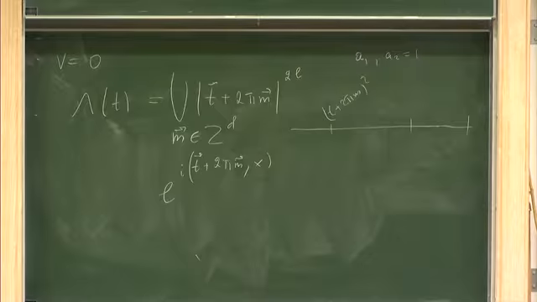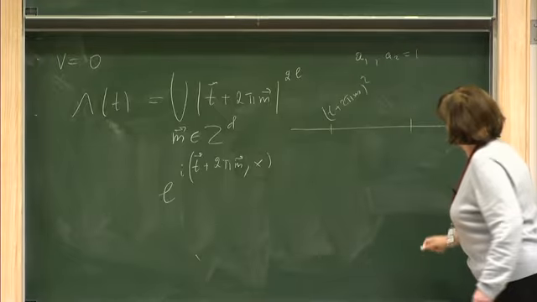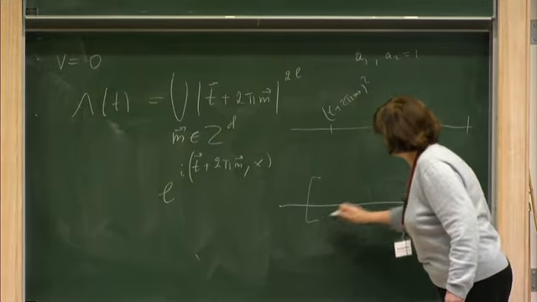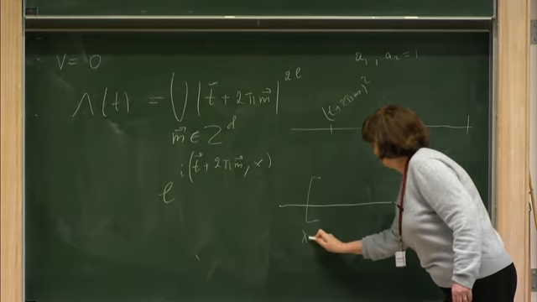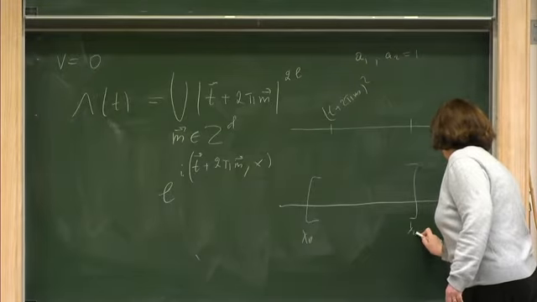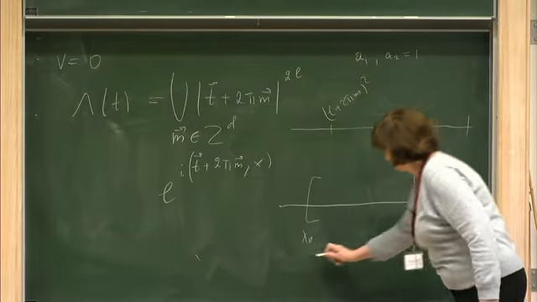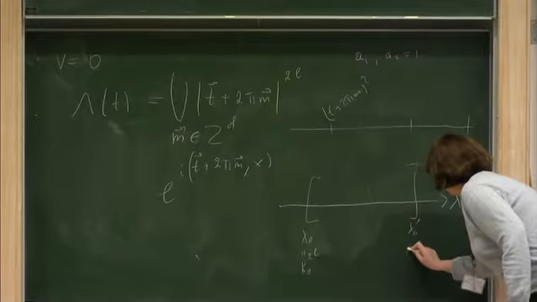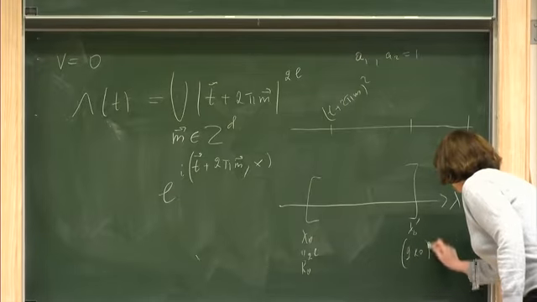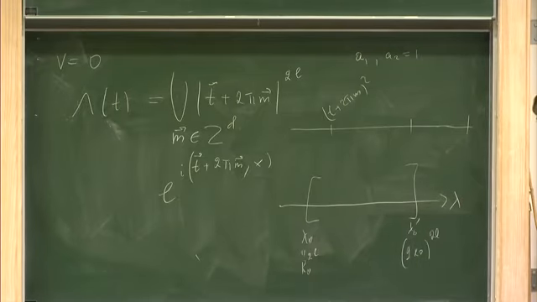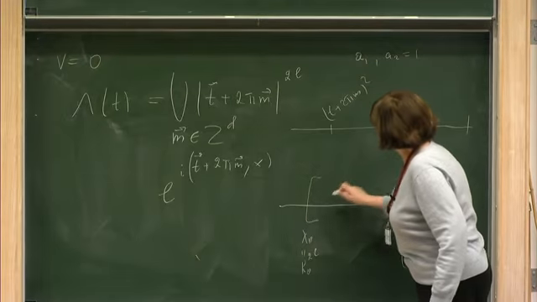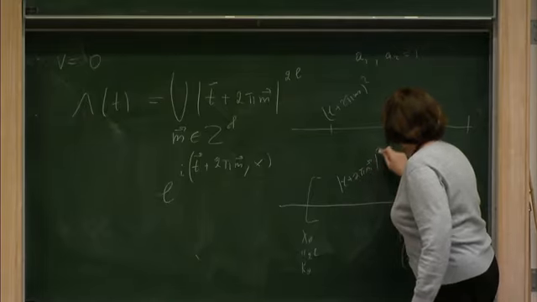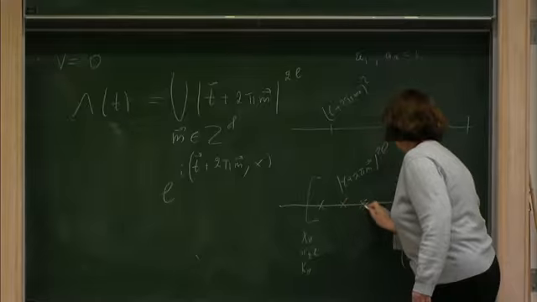Suppose we have a d-dimensional case, and let us consider the part of the spectrum which is between two points, lambda_0 and lambda_0 prime. It can be a big distance. Let us assume this is k0^{2l}, and this is just (2k0)^{2l}, where k0 is sufficiently large. Let us consider all these points which are inside this interval.